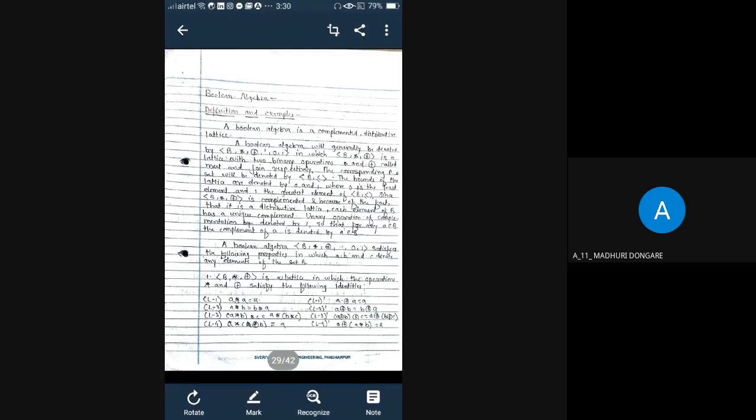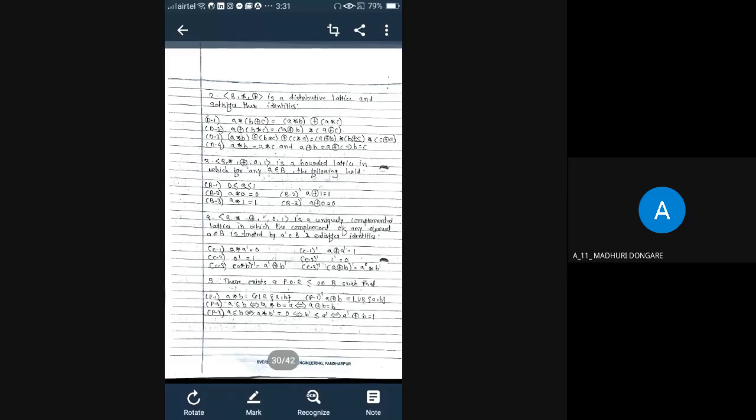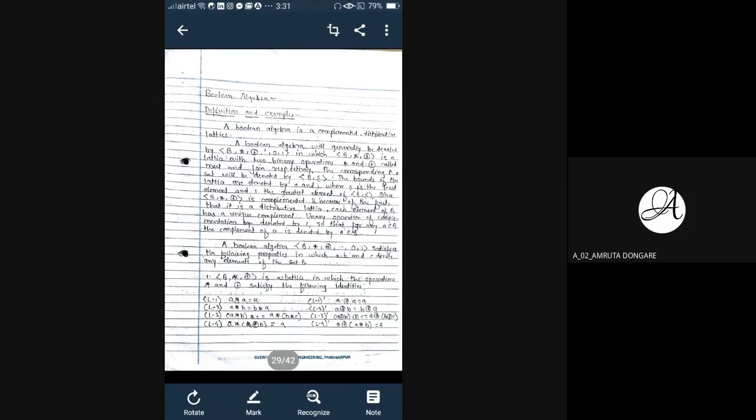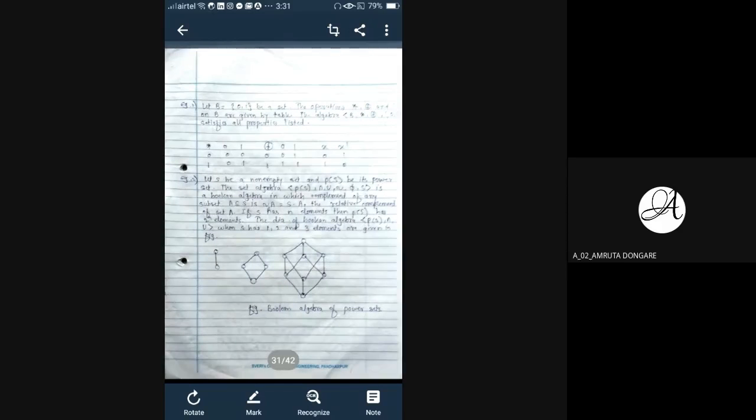Second, for complemented lattice. Third, for distributive lattice. Then, for bounded lattice. And fifth, for partially ordered relation. So there are 5 different categories of Boolean algebra properties. We saw this part last time. Now today we are going to see the next point.